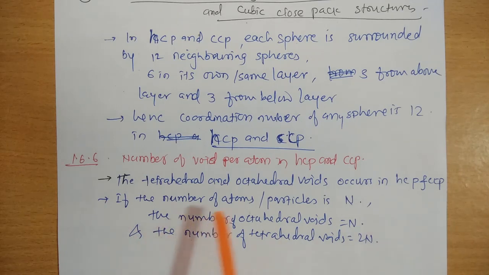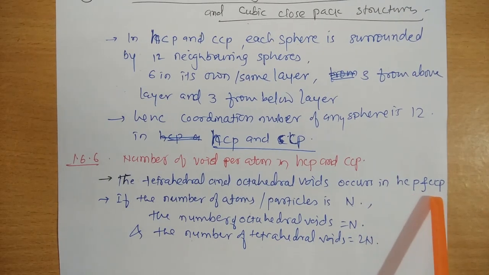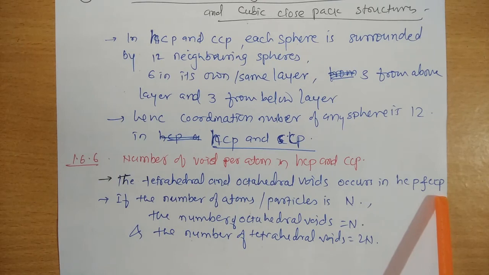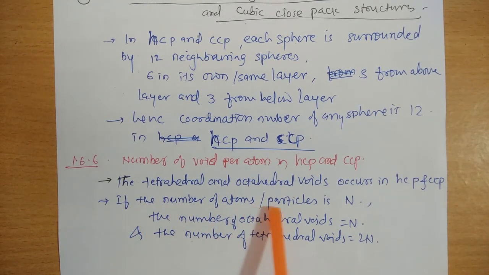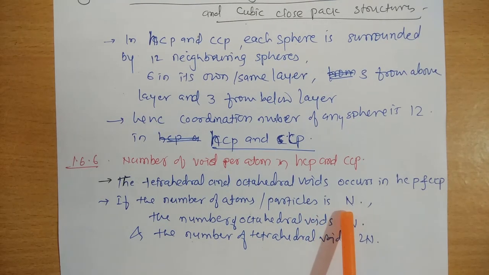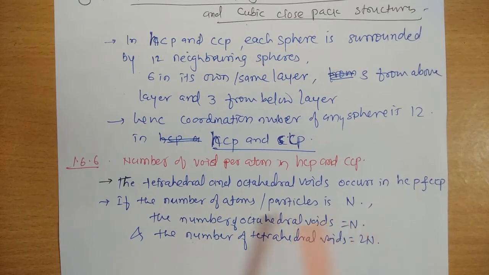Now, the tetrahedral and octahedral voids occur in hexagonal close packing and cubic close packing. If the number of atoms or particles in the packing is n, then the number of octahedral voids is n.